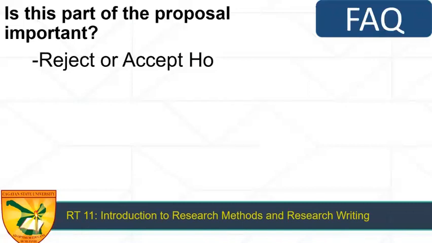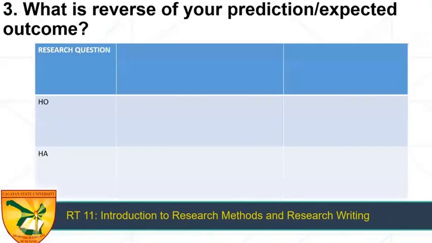A frequently asked question here: is this part of the proposal important, to reject or accept the null hypothesis? This is important especially when you're already writing your results and discussion for your chapter 4. So what is the reverse of your prediction or expected outcome?